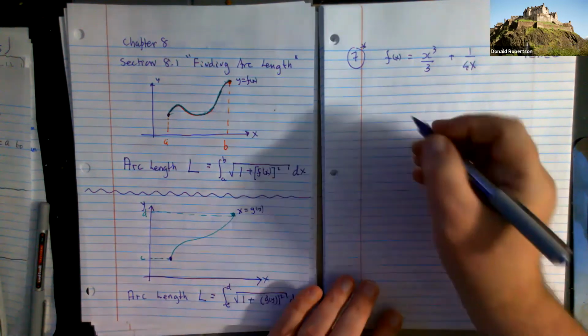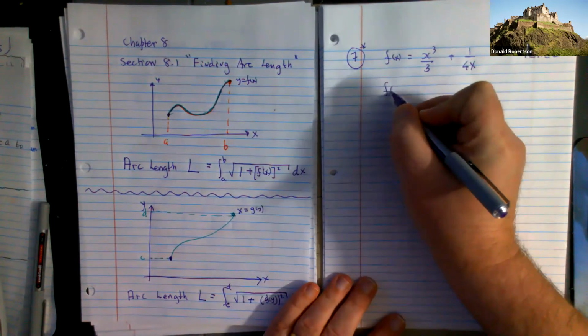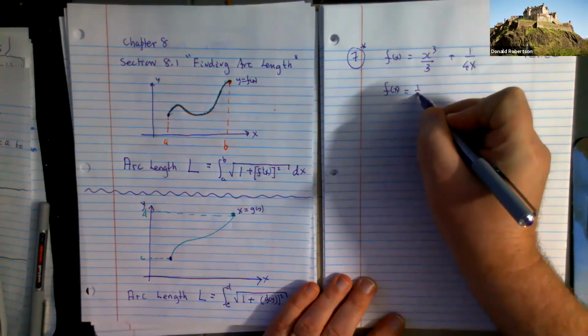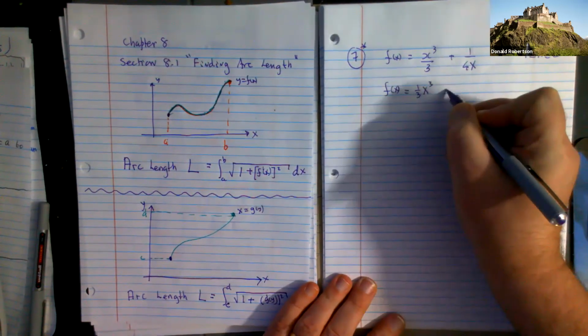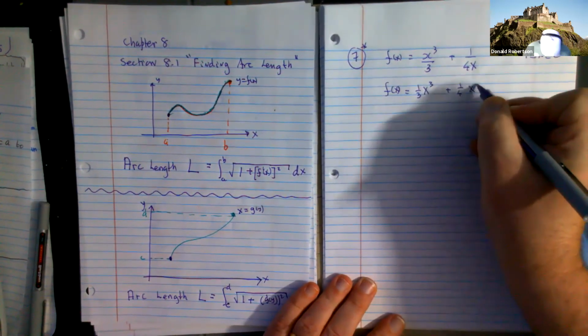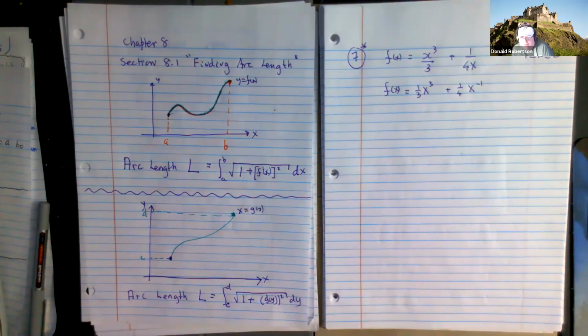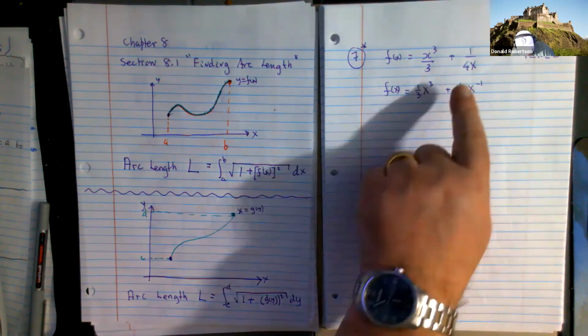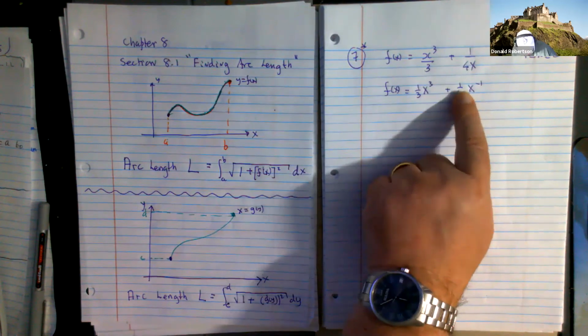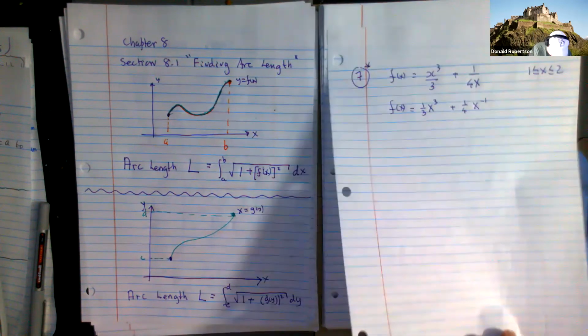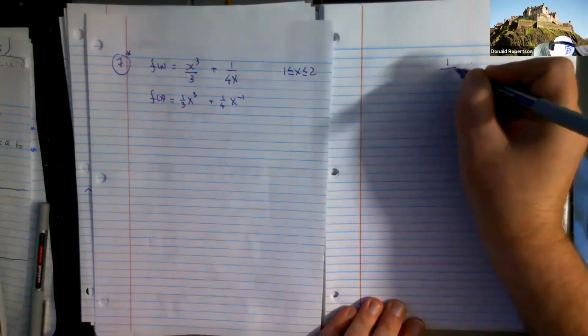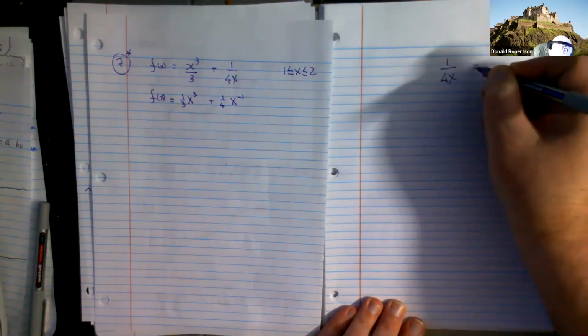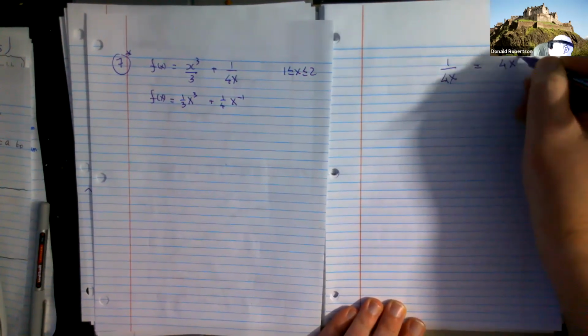Let's start off with what might not seem obvious, but is actually helpful. I'm going to rewrite this term as 1/4 x to the negative 1. It's a common mistake that some people think, hopefully you're not one of them, that this is that.